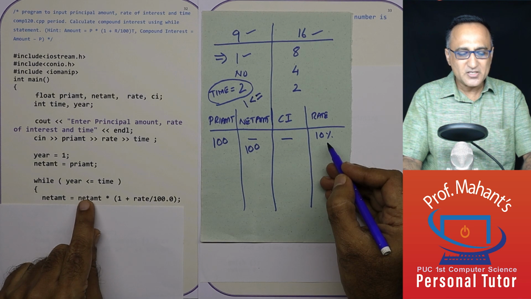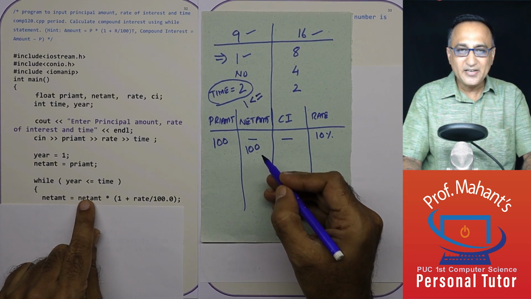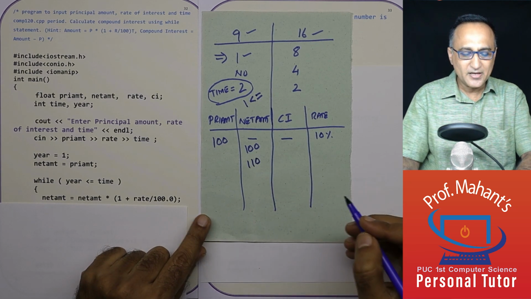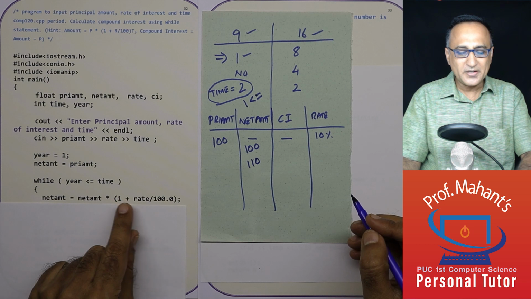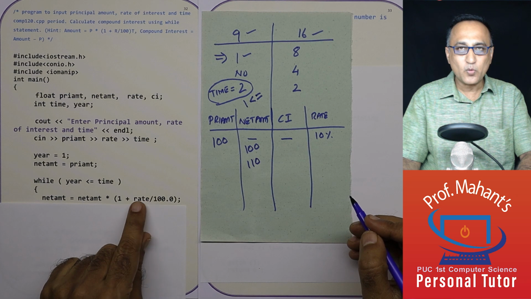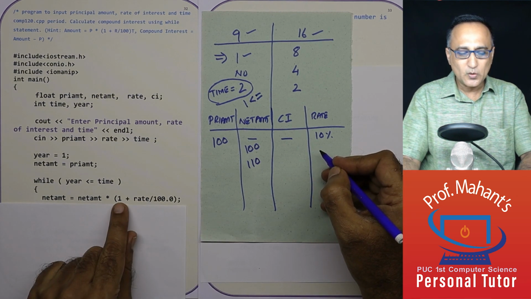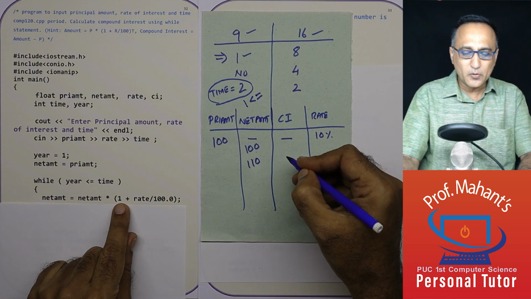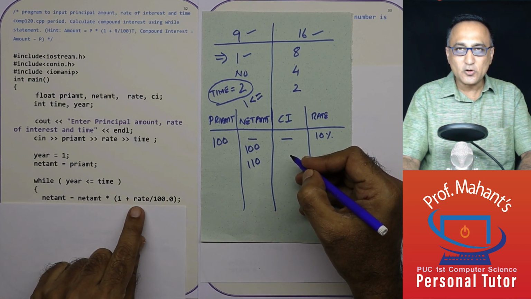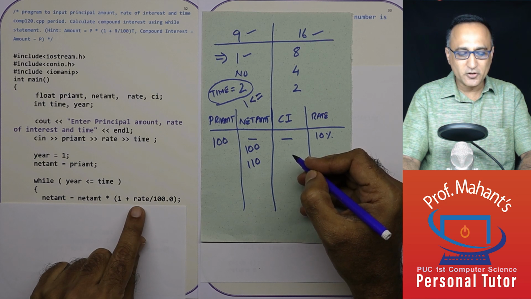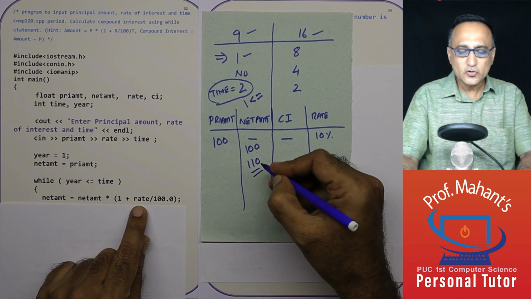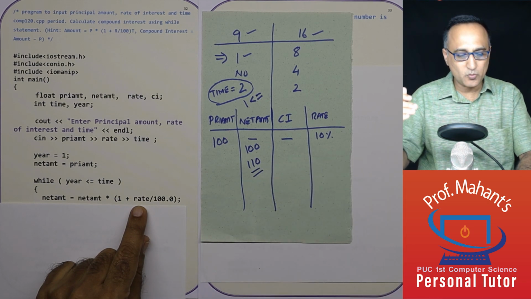So net amount now is going to be 100 into 1.1, which is equal to 110. So this is the new value of the net amount.